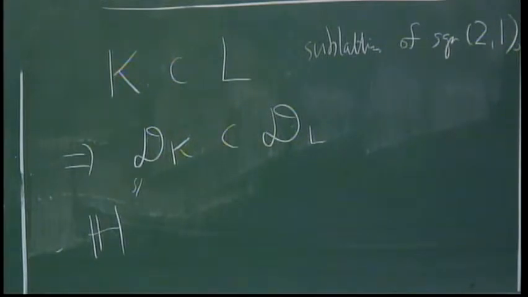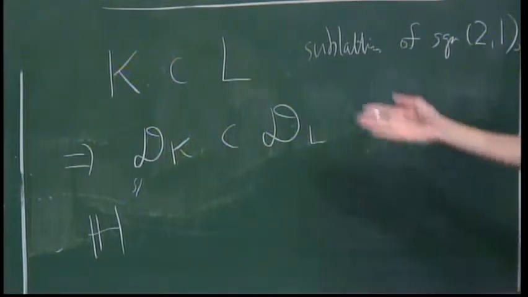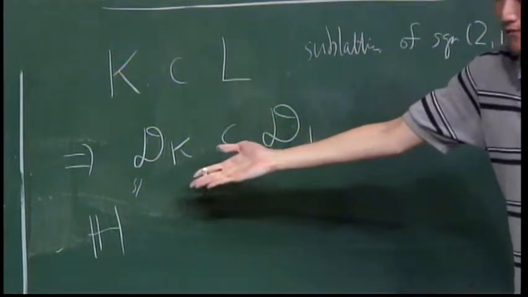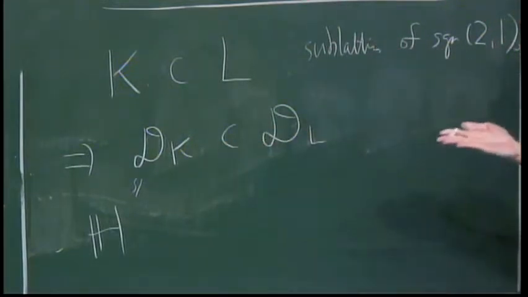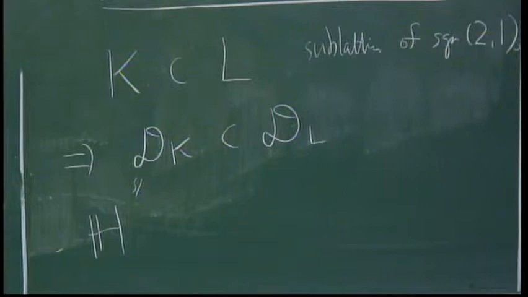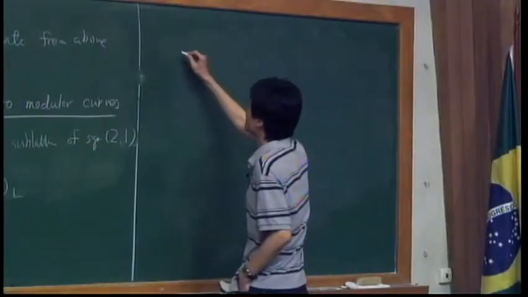So we want to restrict given modular forms to this upper half plane, but of course some non-vanishing condition is required.